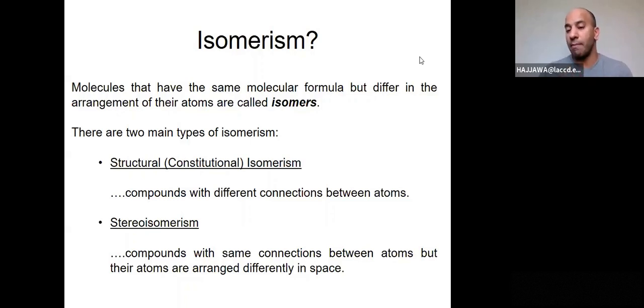And we will see examples of those as well. So the key word in structural isomerism is different connectivity, and the key word in stereoisomerism is same connectivity but different arrangement in space. Keep that in mind.